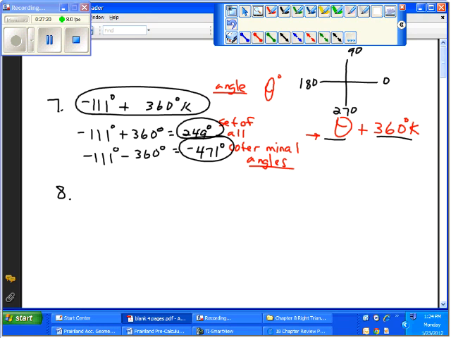If we rotate in a positive or counterclockwise position 249 degrees, we're going to be in quadrant 3. So that 249 degree positive ends up in quadrant 3. You see that? Now what about that negative 471? Well, what if we go from here clockwise 360 degrees? That puts us to there, right? So let's take that out.